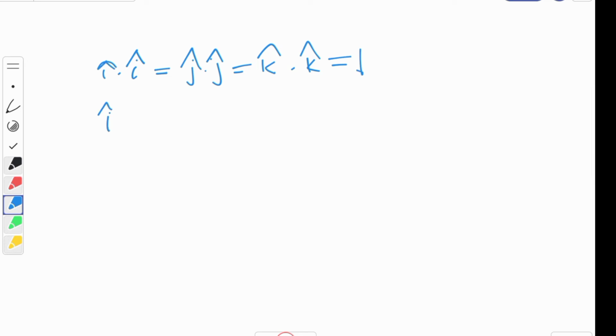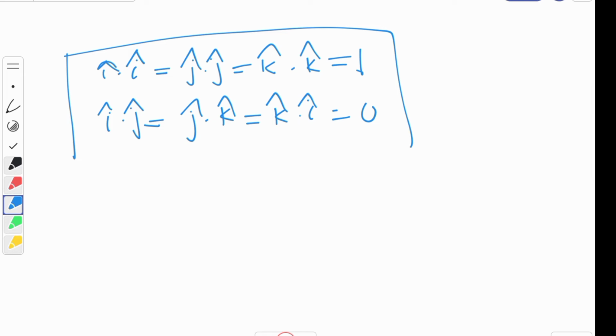The dot product with the other one, not with itself, or you can say j dot k, k dot I, is 0. Remember this. Is it clear, children? So this is the result, this is the value of the dot product of orthogonal unit vectors.